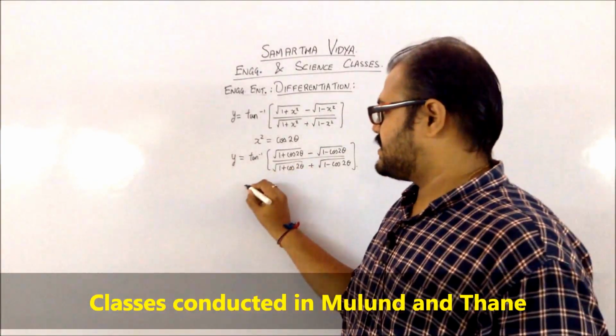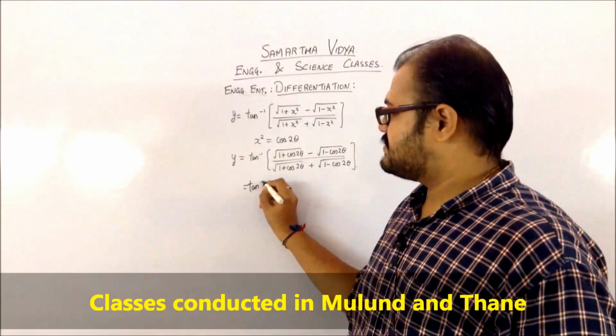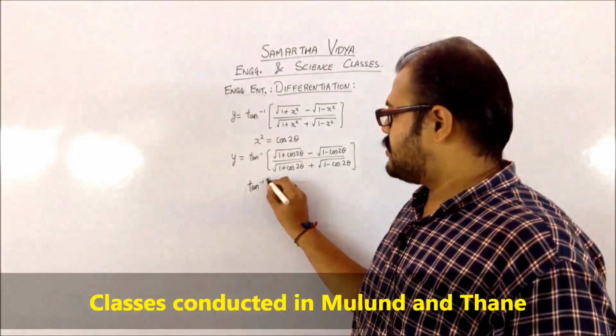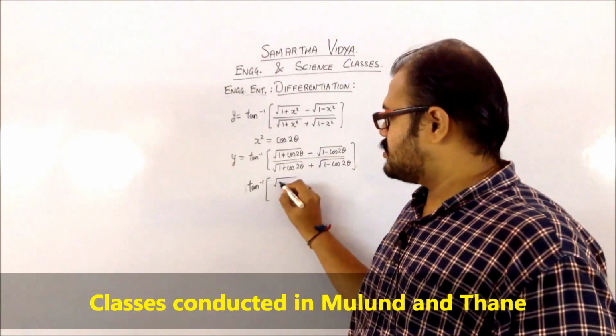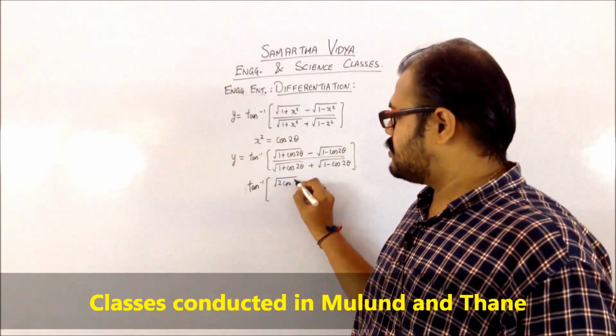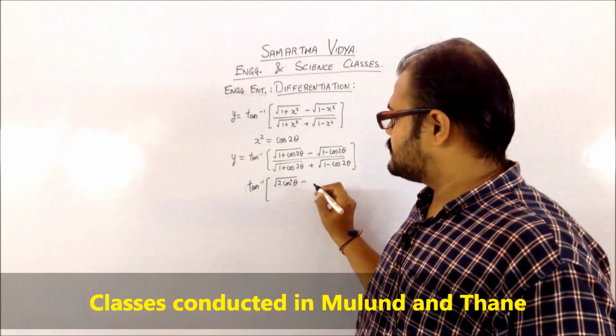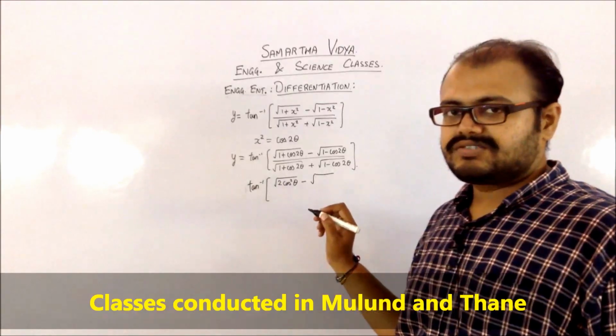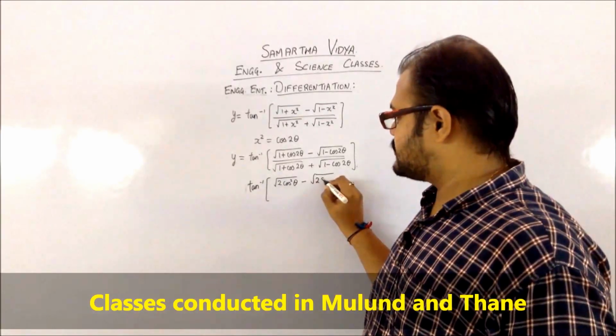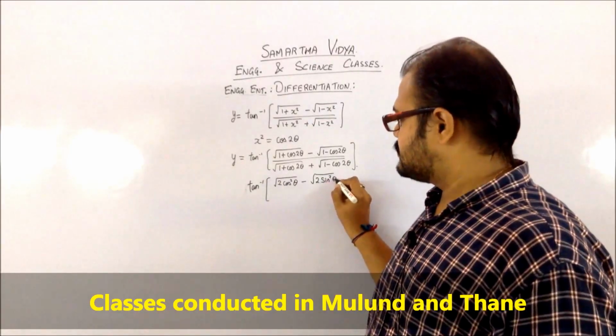Just applying that, you will get tan inverse of, where 1 plus cos 2 theta can be written as root of 2 cos square theta, minus 1 minus cos 2 theta, which can be written as 2 sine square theta.